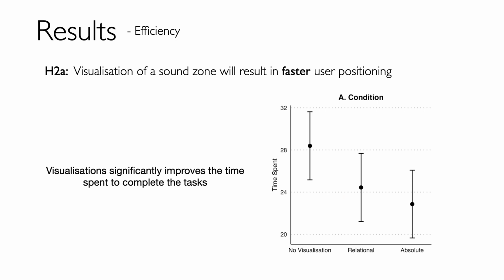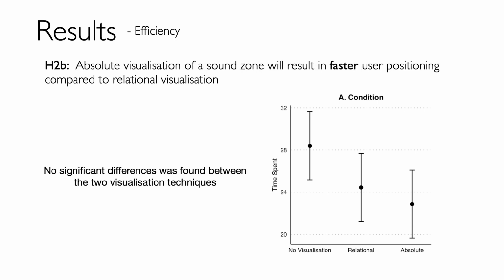Both visualization techniques have a large positive effect on task completion time as compared to not providing any visualization at all. And similarly to our accuracy results, we did not observe any difference in task completion time between the relational and the absolute visualization technique.